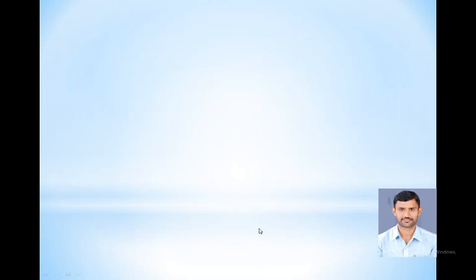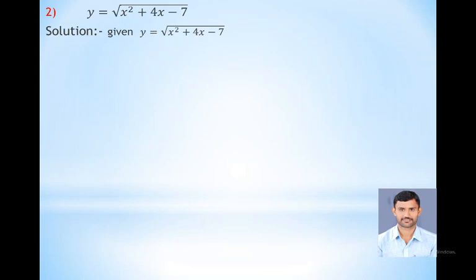Now second problem, y is equal to square root of x square plus 4x minus 7. You are given y is equal to square root of x square plus 4x minus 7. You have to find out dy by dx.